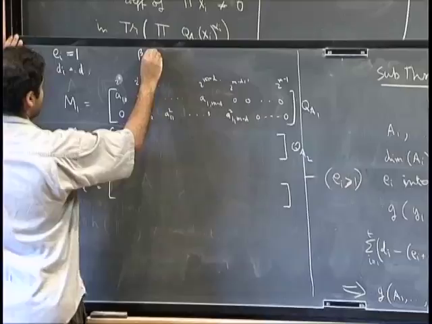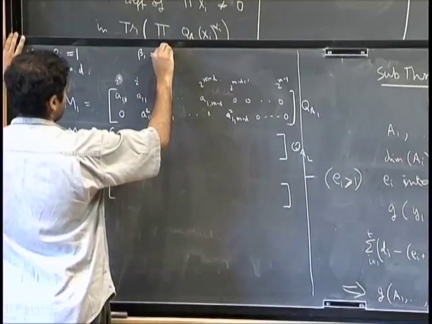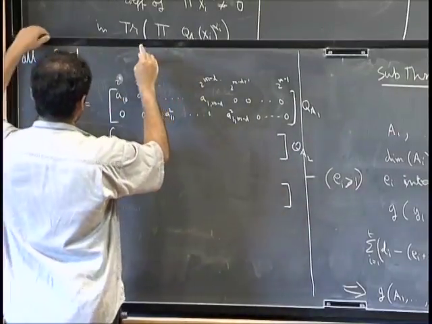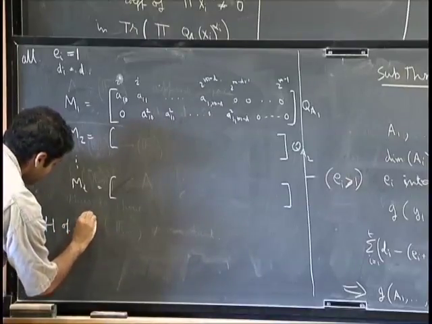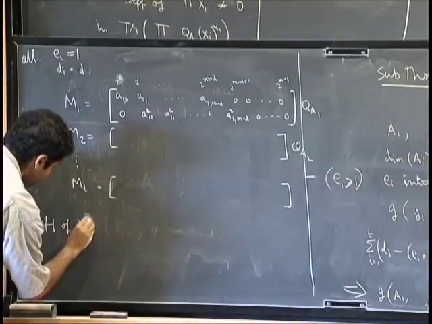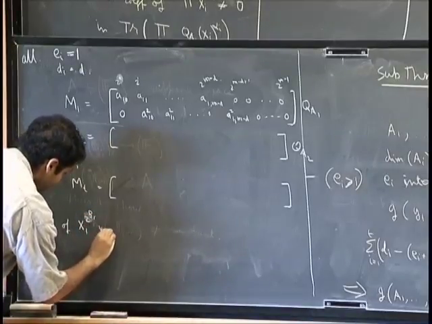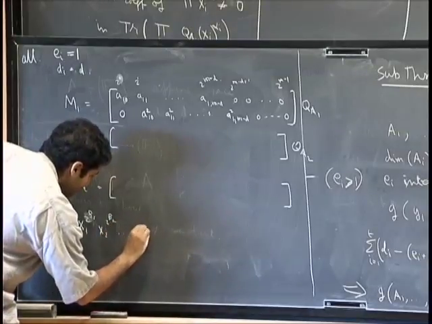So the coefficient of x to the 2 to the B1, x to the 2 to the B2, xt to the 2 to the Bt.